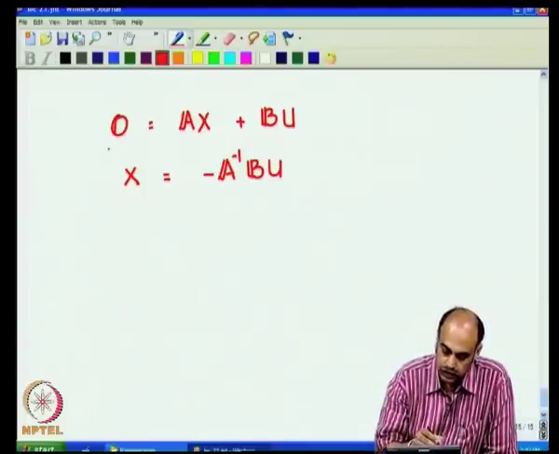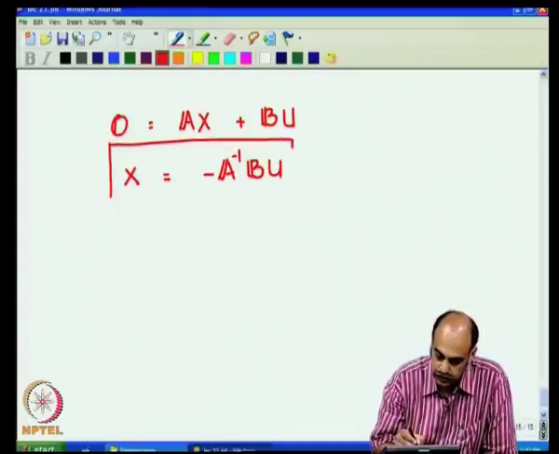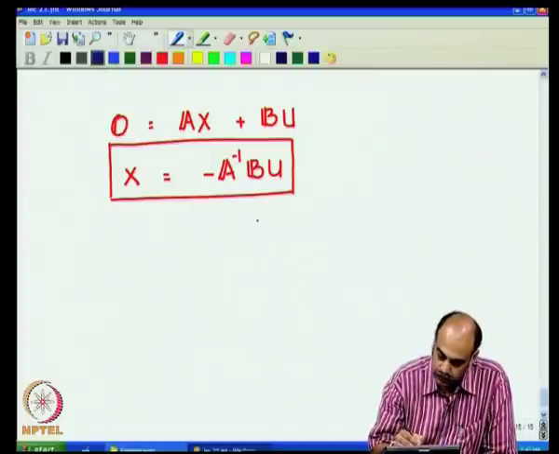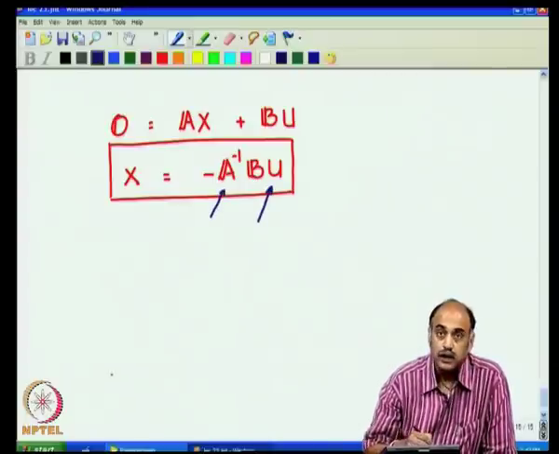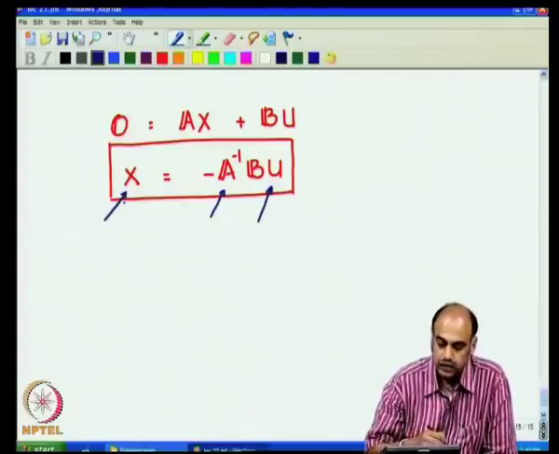This would be the steady state relationship between the input scaling, the system parameters and the state variables.